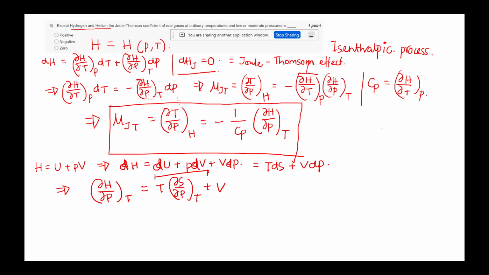Now we will use the Maxwell relations. I want to give you just one mnemonic diagram, SPTV, and it goes as follows.